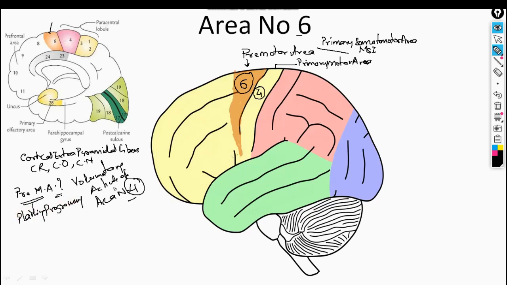Whatever activity area 4 has to do, it is all done under a certain program, and that program is designed by the premotor area. Clear? So one activity is that programming, the second is controlling the voluntary activity of area number 4.